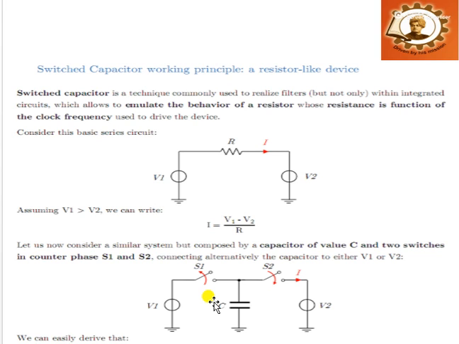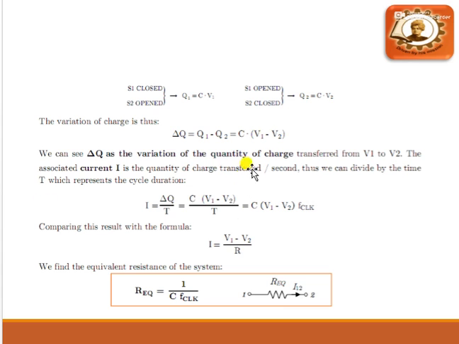If S1 is closed and S2 is open, Q1 equals C into V1. If S1 is opened and S2 is closed, Q2 equals C into V2. So the variation of charge, Q1 minus Q2, equals C into (V1 minus V2). This charge variation is transferred due to the voltage variation between V1 and V2.